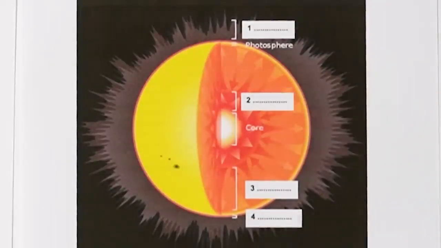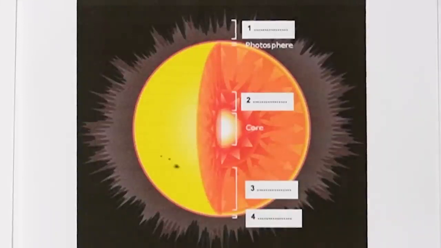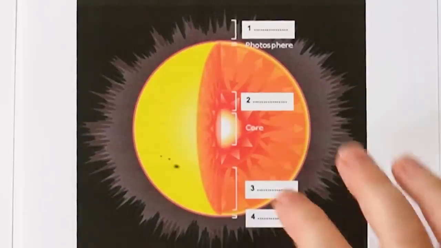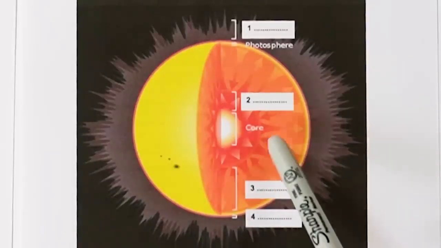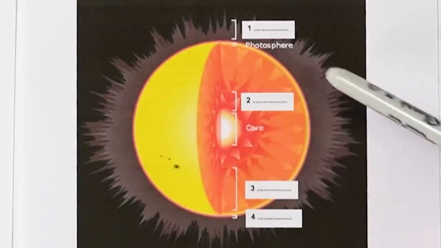Also, number 2 is probably going to be next to the core, and number 3 is going to be below number 1 here. Also, I noticed that the core is already labeled, so we don't need to worry about that. But what I would be thinking when I'm doing this is they're going to say next to the core or after the core or something like that.